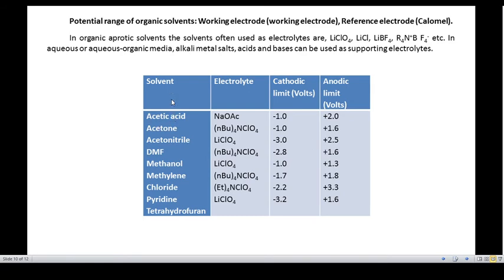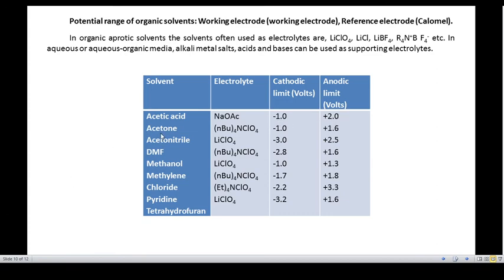In the solvent, you can take acetic acid, with supporting electrolyte sodium acetate, and the cathodic limit is minus 1.0 volts, the anodic limit is plus 2.0 volts. Within this limit, you can carry out a reaction.